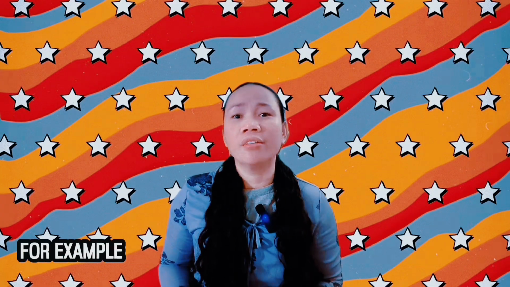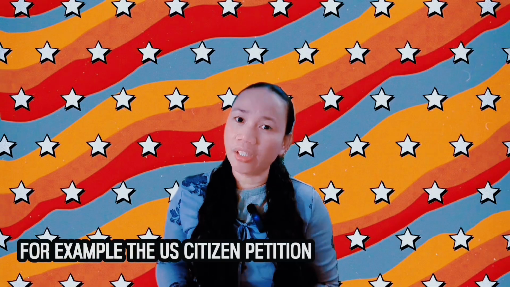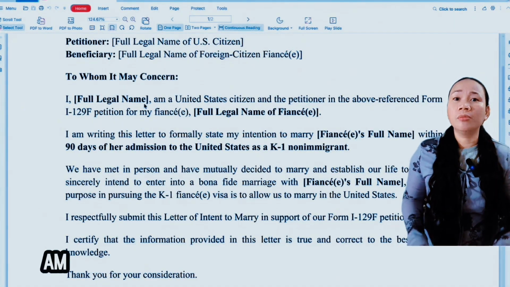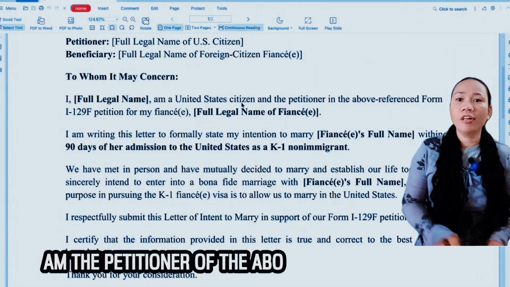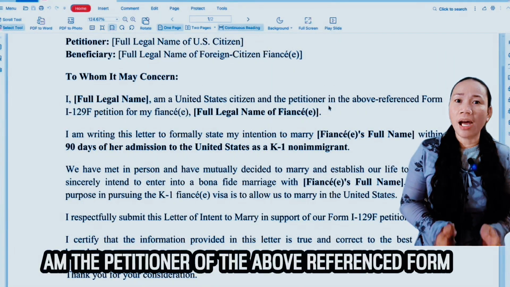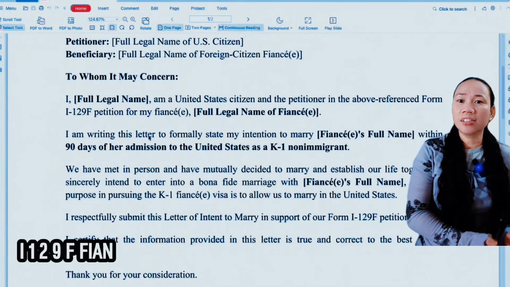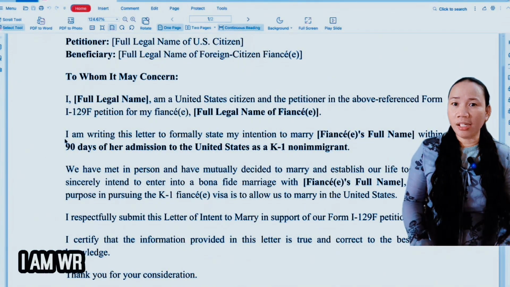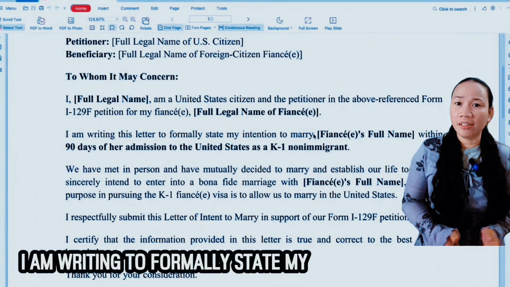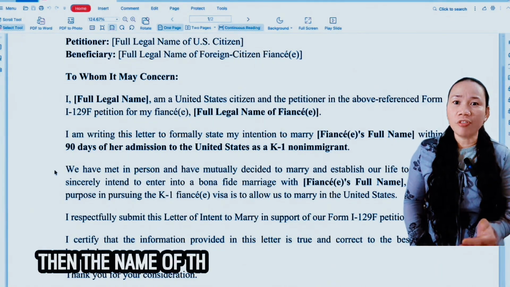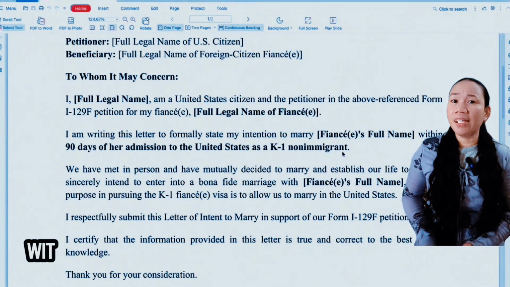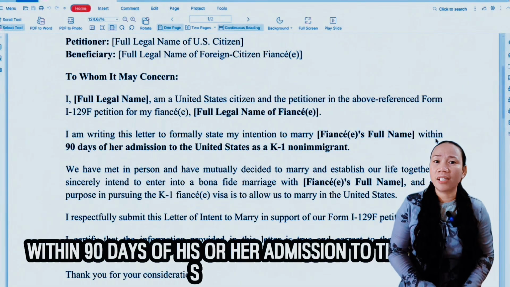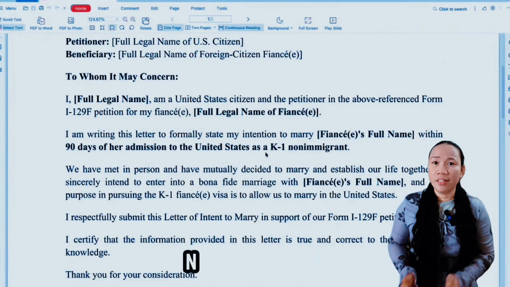For example, the U.S. citizen petitioner can state, "I, then full legal name, am the petitioner of the above-referenced Form I-129F, fiancé or fiancée, full legal name of the fiancé or fiancée. I am writing to formally state my intention to marry," then the fiancé or fiancée's full name, "within 90 days of his or her admission to the United States as a K-1 nonimmigrant."